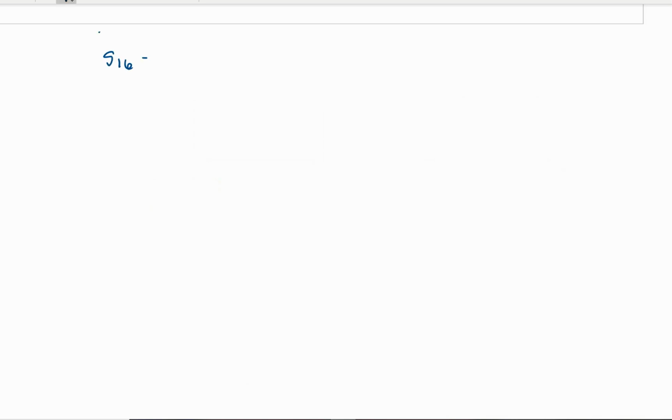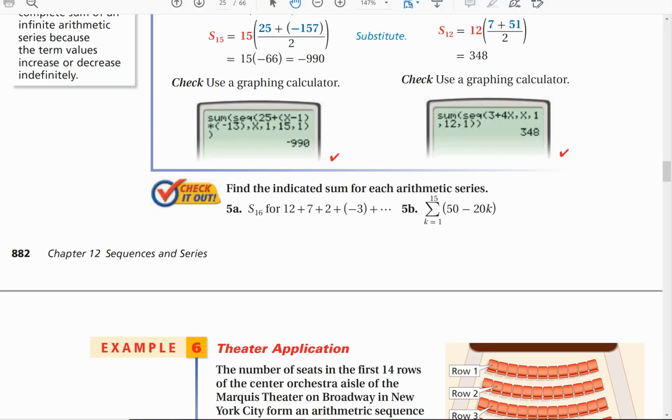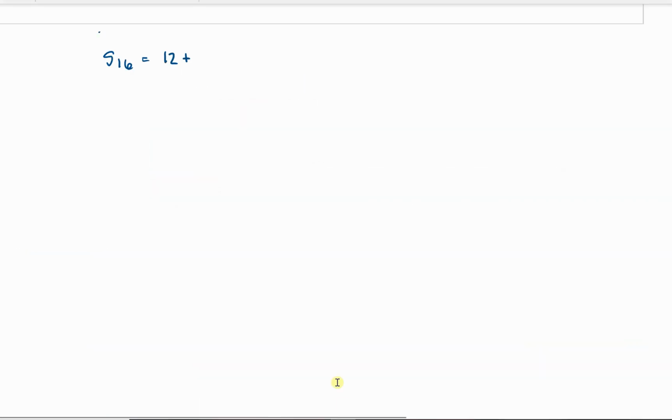S sub 16 for 12 plus, I've already forgotten what it was, 12 plus 7 plus 2 plus negative 3.